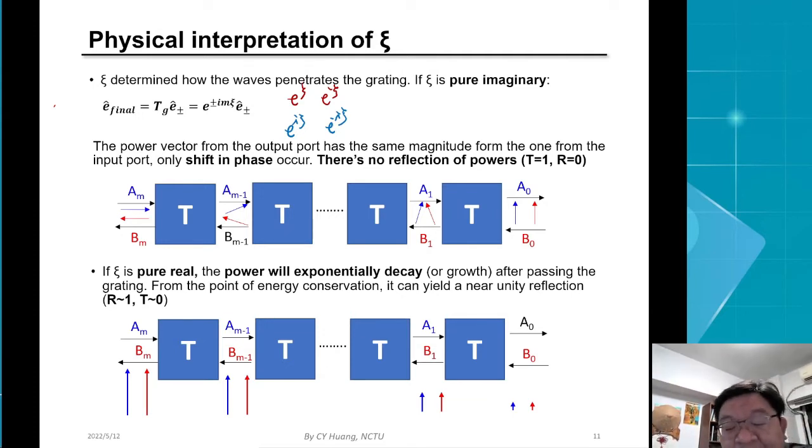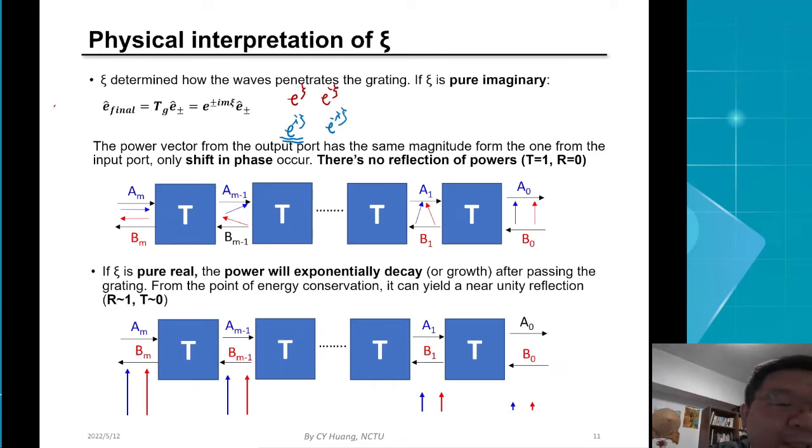In such a case, the eigenvector after field propagation doesn't change its absolute value. So let's consider if the grating has n periods and the eigenvalue is pure exponential i c, so it's only in the form of a phasor. It doesn't change its magnitude.